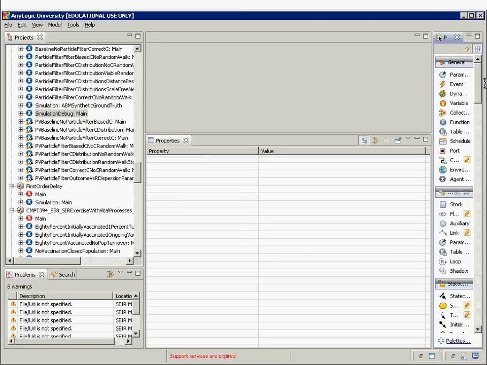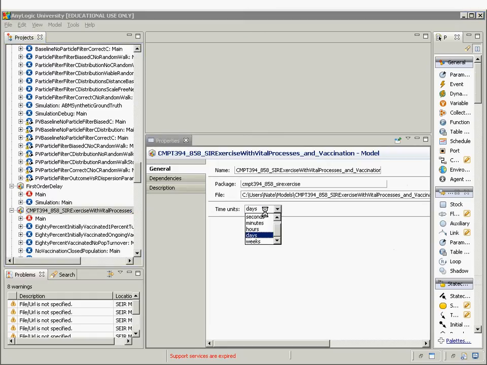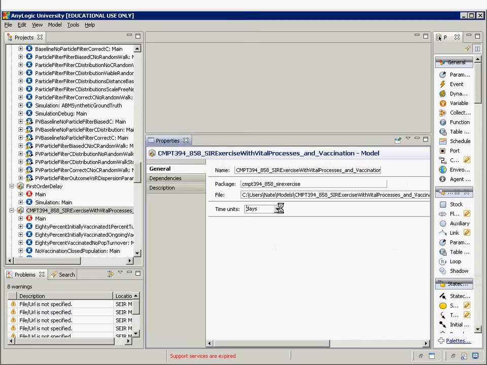Basically, AnyLogic is simulating things in some time units, and associated with the model as a whole, you can actually specify what time units you want to use. And you'll notice that it provides you a set of time units, but not a complete set.